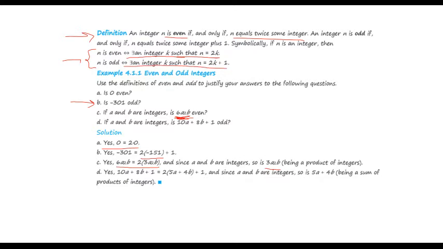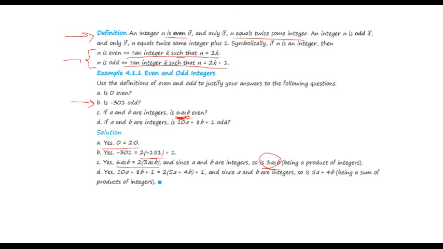So this 3a squared b is the integer that we represent by k in the definition of even numbers. So 6a squared b can be written as 2 times k, where k is 3a squared b in this case. So that's the proof for part C.